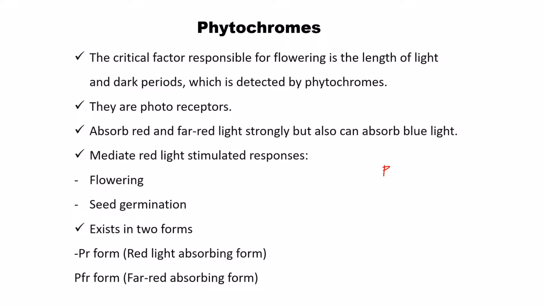So, in plants, some photoreceptors, that is some pigments, are present that can absorb different wavelengths of light. This photoreceptor may be a red and far red light absorbing photoreceptor. An example is phytochrome.